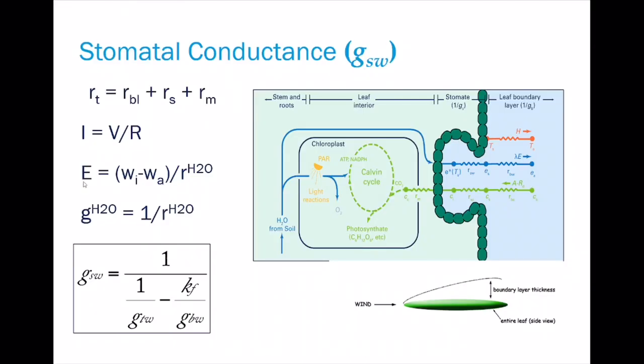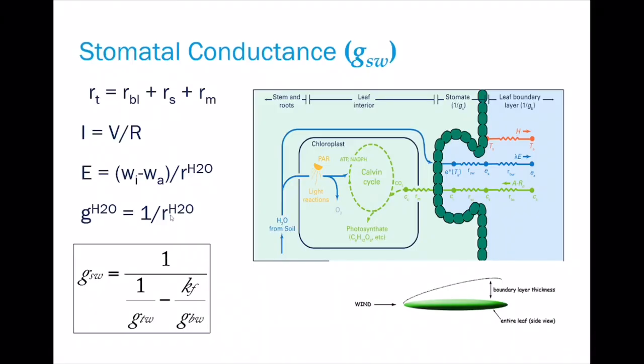If we have transpiration, we can view transpiration in terms of Ohm's law, where we have current equals voltage divided by resistance. So in the case of transpiration, our voltage is our water vapor difference between inside and outside the leaf. And we can solve for the resistance to water. And if we know the resistance to water, we can calculate the conductance to water.